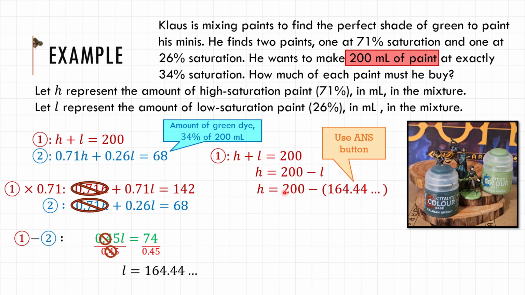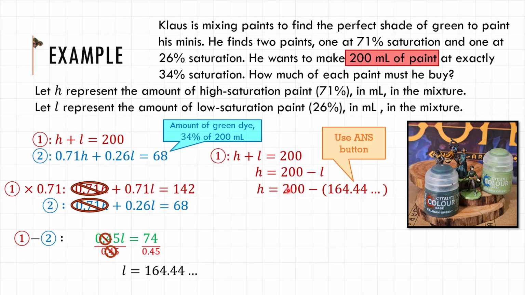So on my calculator, I'll type in 200 minus answer. Look for that button on your calculator because you will certainly need to use it when the math gets pretty complicated like this. What this does is it just takes the last thing that your calculator actually calculated. 74 divided by 0.45. Your calculator should have told you that that's 164.44444444.